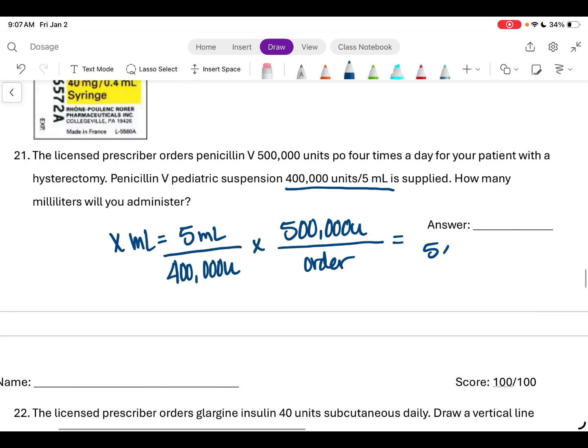So this is 5 times 500,000 divided all by 400,000. I get 6.25 as my answer. Again, I didn't tell you to round, so leave it like that.